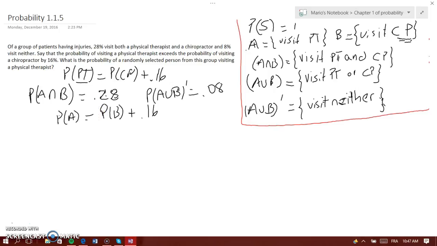I hope that makes sense. So we can say PB equals PA minus 0.16.